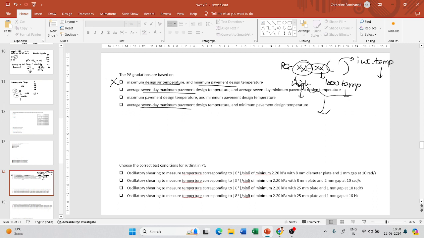Here there are two mistakes. One is air temperature instead of pavement temperature, and the other is they have taken only one value. They have taken it as the maximum value. No, it has to be the average of the 7-day maximum.